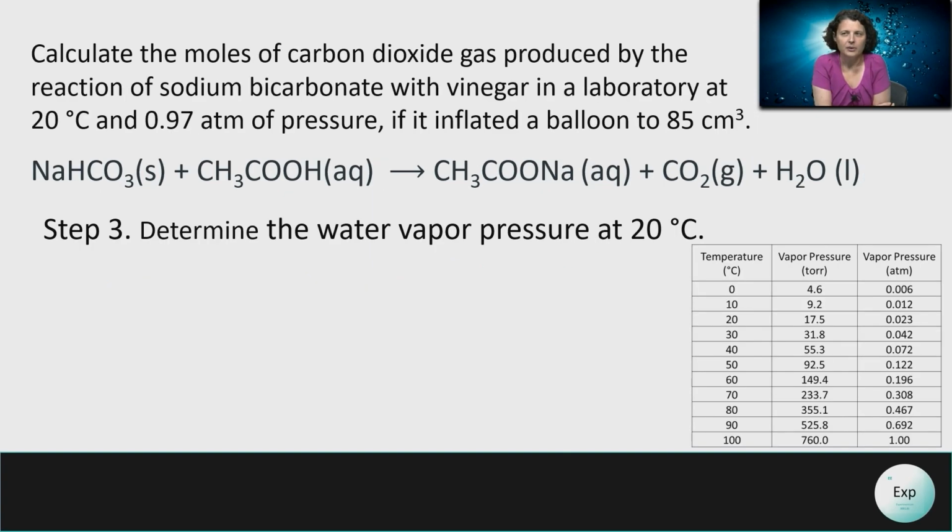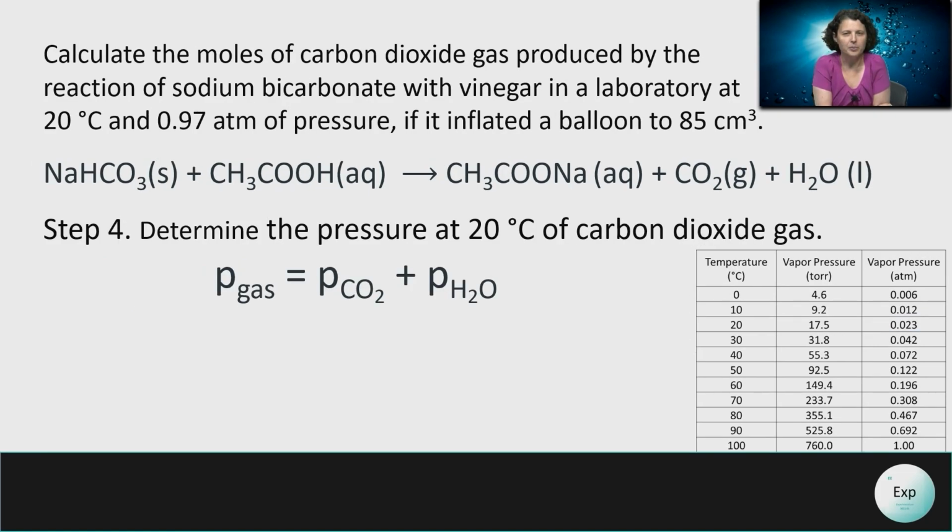Next, we're going to look at our table and determine the water vapor pressure at 20 degrees Celsius. And we're going to use the pressure in atmospheres because our pressure in the laboratory is also provided in atmospheres. So at 20 degrees Celsius, the water vapor pressure is 0.023 atmospheres.